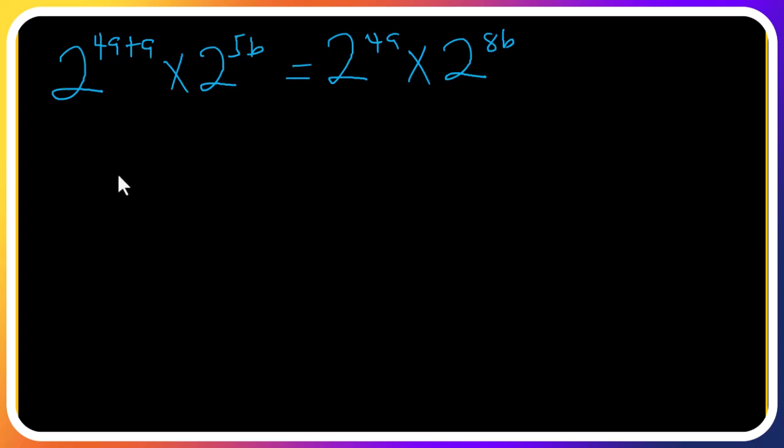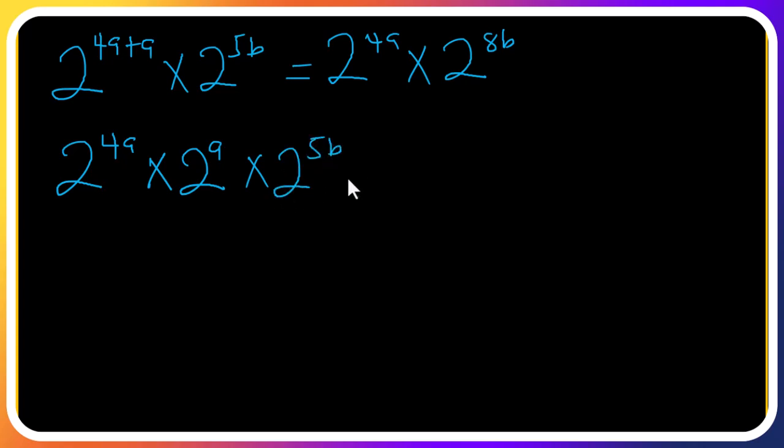So we could also expand this: 2 raised to the power 4a times 2 raised to the power a times 2 raised to the power 5b equals 2 raised to the power 4a times 2 raised to the power 8b. Now we can cancel or eliminate the common index forms.